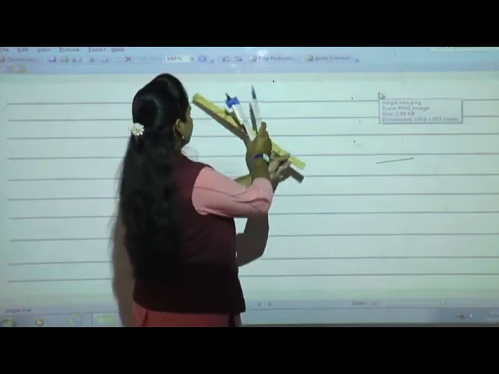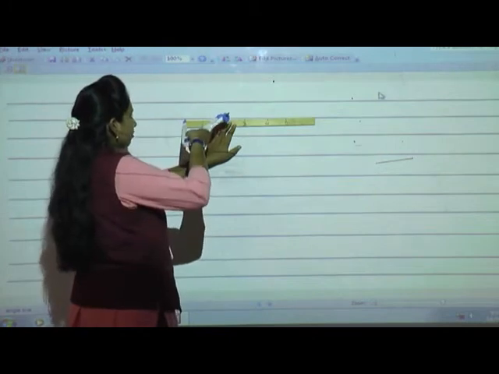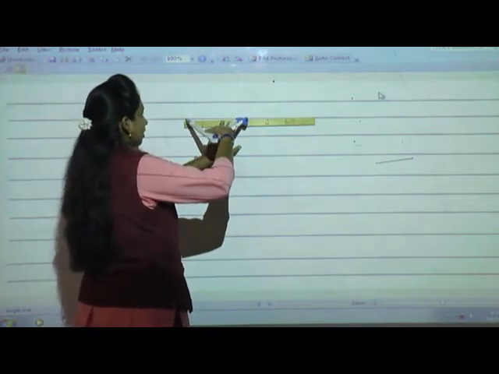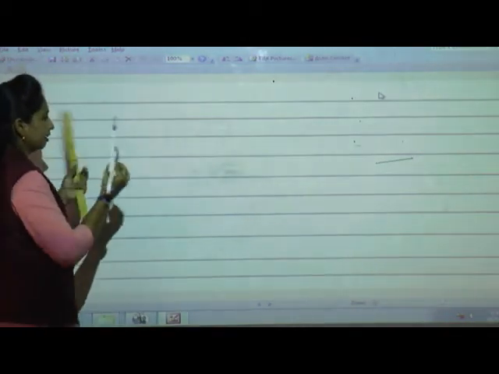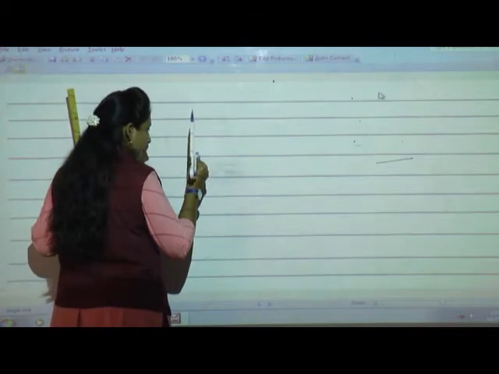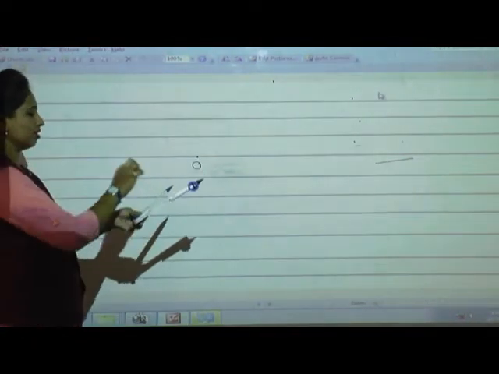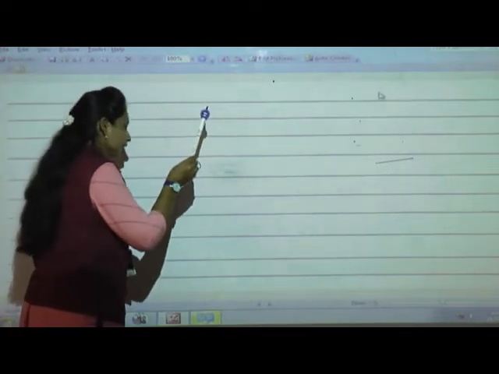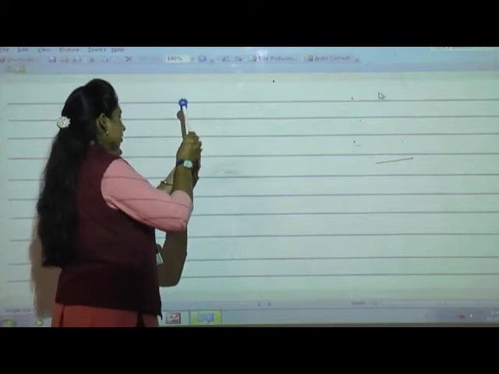Now see, this is a scale. Place the scale and measure 3 centimeter till here. So this much measurement, and first we have to draw the center point. What did they say, center point? O. Okay, we have to mark O. Now the steel arm you have to keep on the center point and we have to draw the circle. See, I have drawn with a geometrical figure.